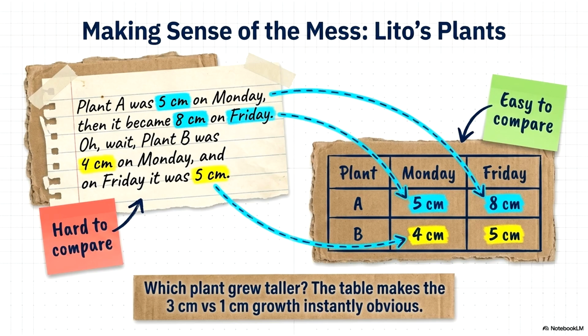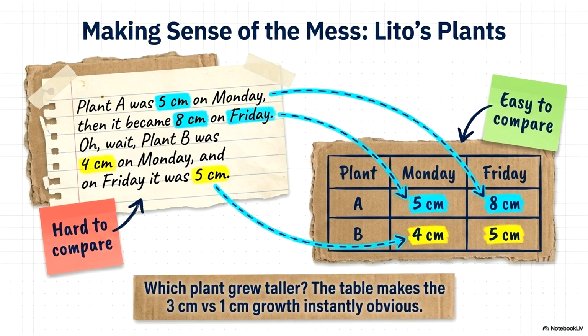Let's say Lito is observing two plants. At first, he writes, plant A was 5 centimeters on Monday and 8 centimeters on Friday. Plant B was 4 centimeters on Monday and 5 centimeters on Friday. While this information is correct, it is not easy to compare.